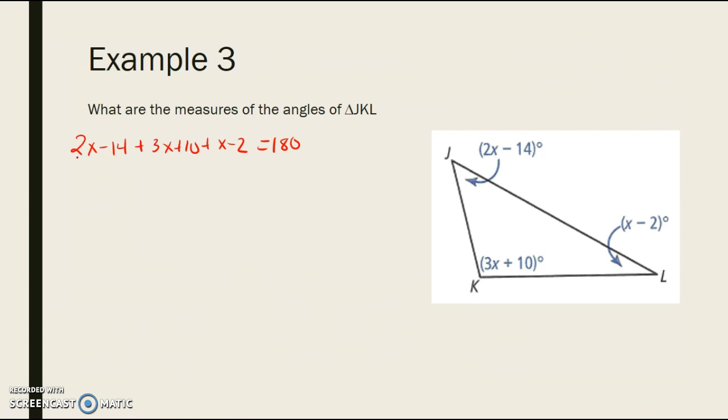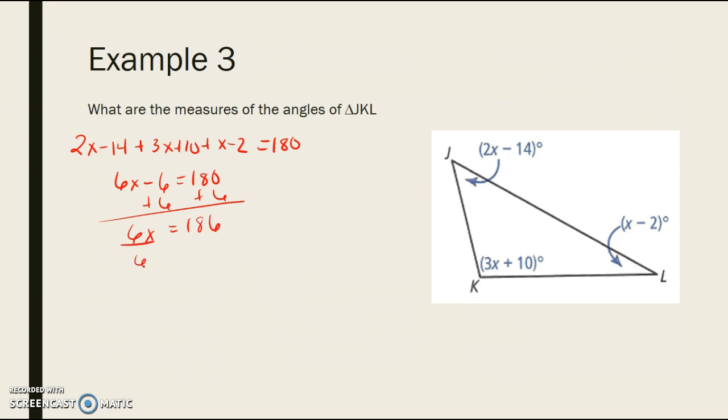And so then we'll combine our like terms. 2 plus 3 is 5, plus 1 is 6, so we have 6x. We have a negative 14 plus 10 plus a negative 2, and we end up with a negative 6 equals 180. We're going to add 6 to both sides. So we know that 6x will equal 186.